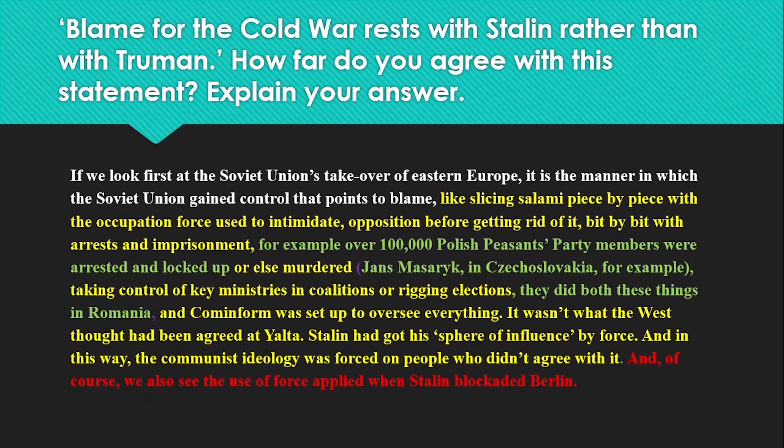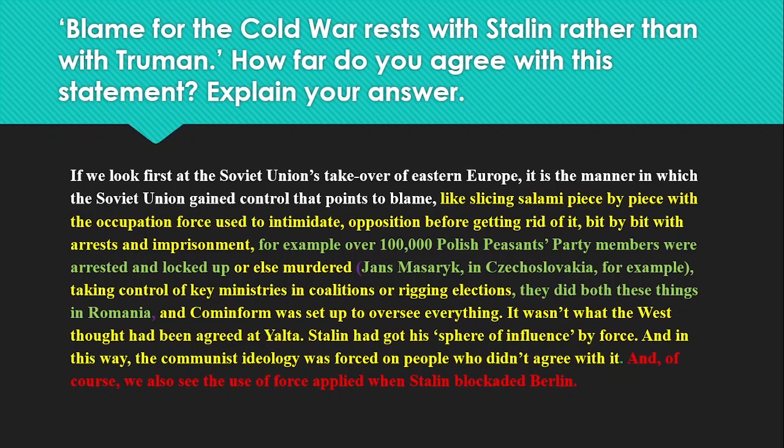And so to a C question. Blame for the Cold War rests with Stalin rather than with Truman. How far do you agree with this statement? Explain your answer. So it's an answer that will have a couple of paragraphs agreeing with the statement. Yes, let's blame Stalin.